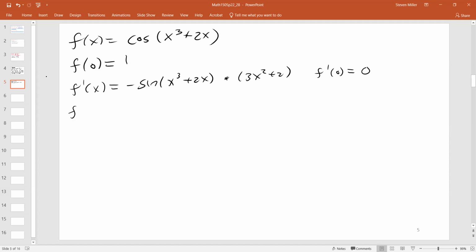All right, f double prime of x. I could do it. I have no desire to do it. But we would just take the derivative, and then we would evaluate it at 0. So if I wanted to find the Taylor series of the cosine of x cubed plus 2x, I could do it without any trouble. How would I take the derivative of f prime of x?